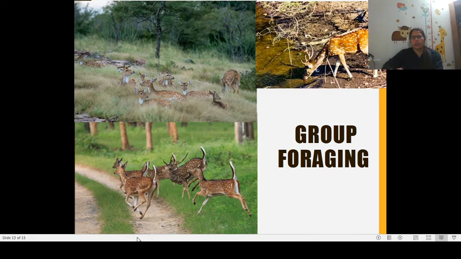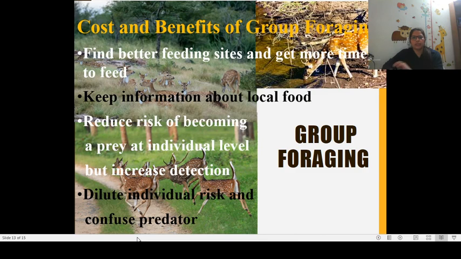It goes to the foraging behavior of all individuals in a group in a given ecosystem. This approach has certain costs and benefits. The benefits of group foraging are finding better feeding sites and getting more time to feed when individuals come in groups to foraging sites.